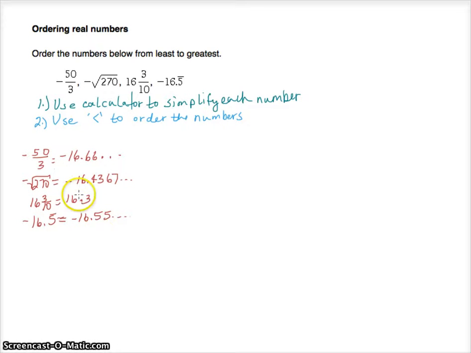So now we need to compare these, and I have three negatives and a positive, so I need to determine which ones are the largest here, or the least in this case. It needs to be ordered least to greatest. So if we look, I have negative 16.66, negative 16.43. This is obviously my greatest, so we can mark that as the greatest.